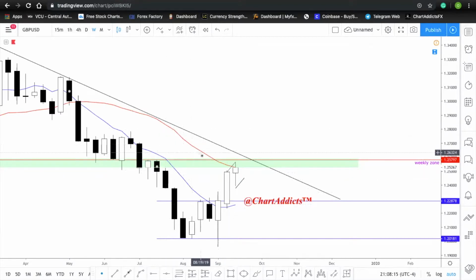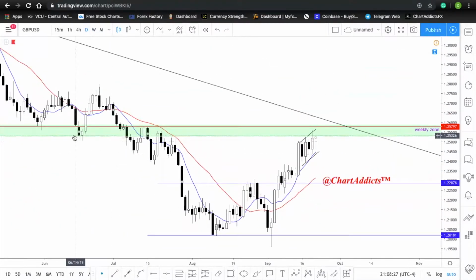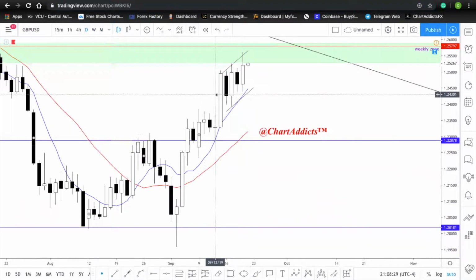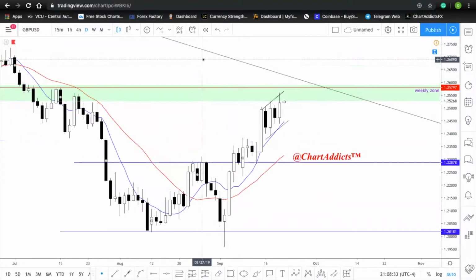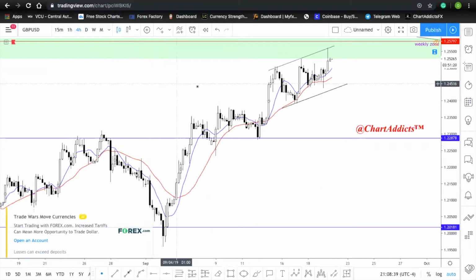Currently, you can see we are testing our moving average as dynamic resistance. Scaling down to the daily, we can see again some rejection into this weekly zone, and scaling down even further, we can see we are looking a little overextended.